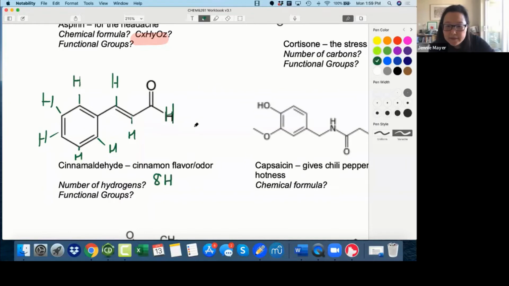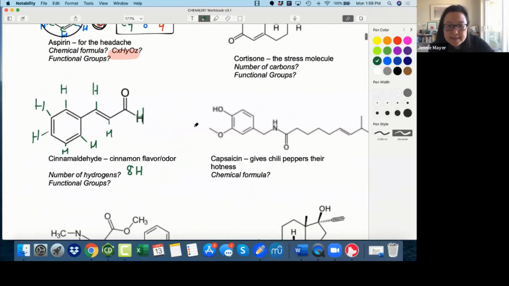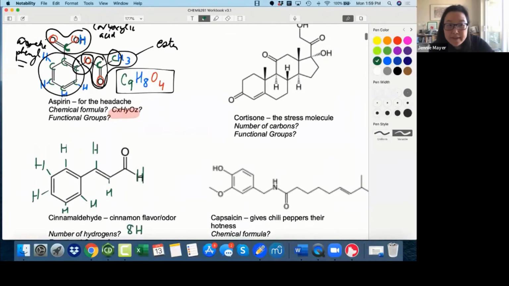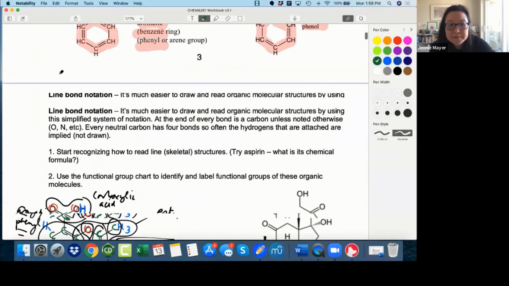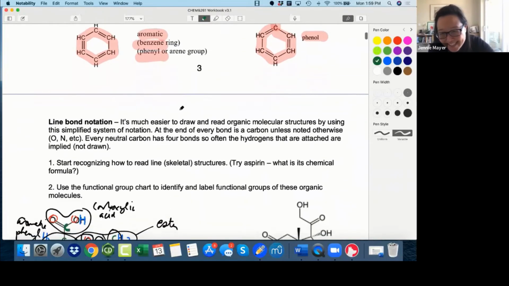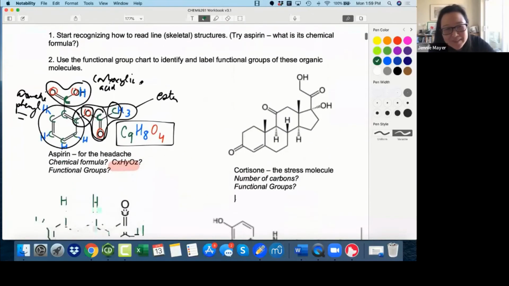The ring group is a phenyl group or an aromatic group. You can use any of these terms: benzene, aromatic group, phenyl group, or arene group, the four choices. I wouldn't call it an ether because this carbon has a carbonyl.